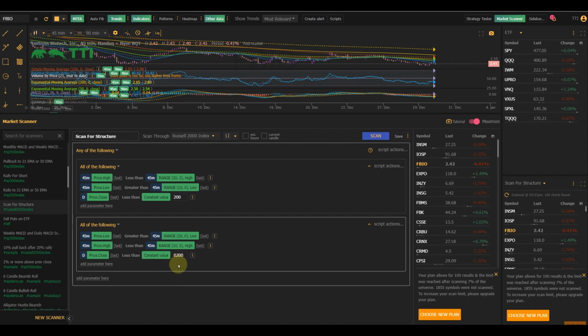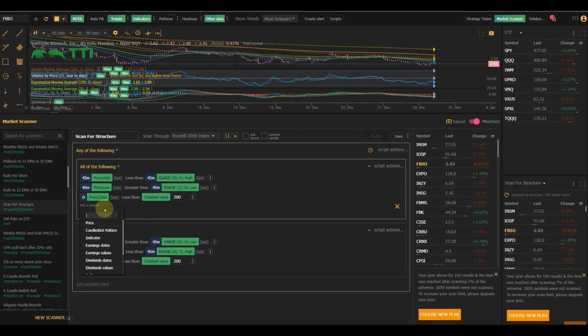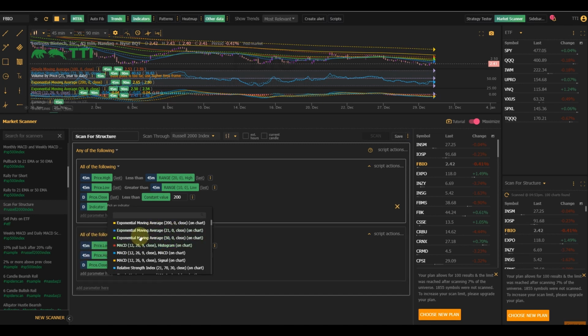So less than 200. And the other thing you can add to this is volume. Maybe we add volume as an indicator on the daily.